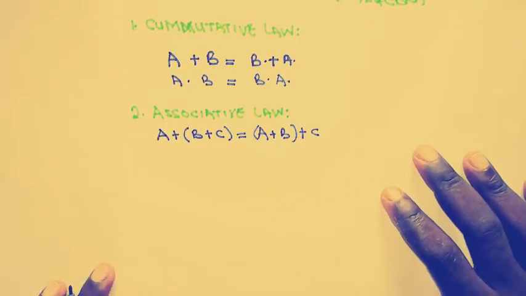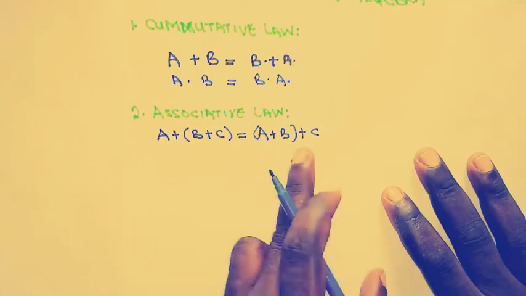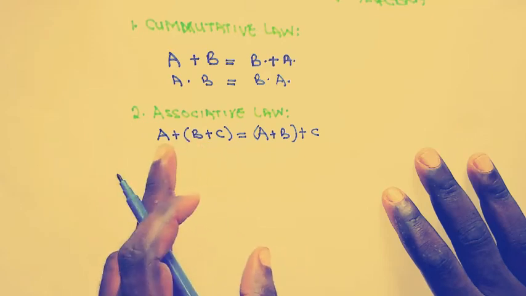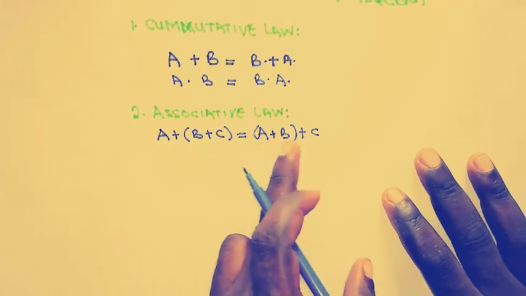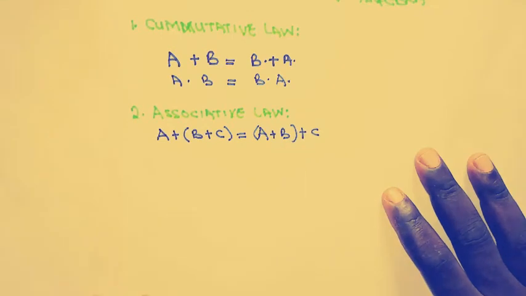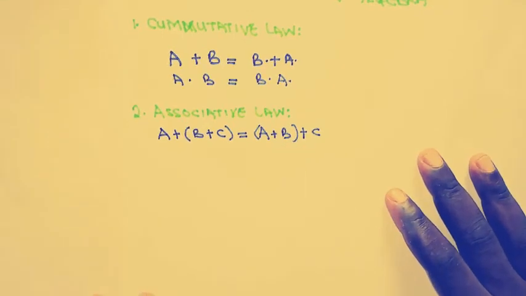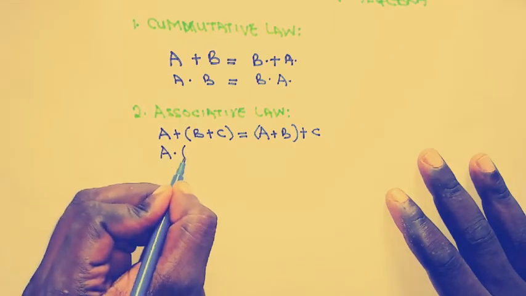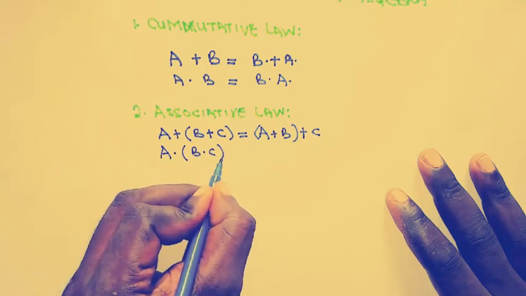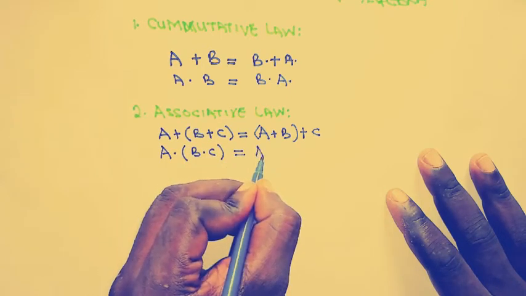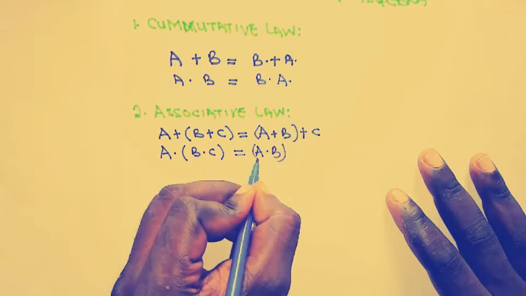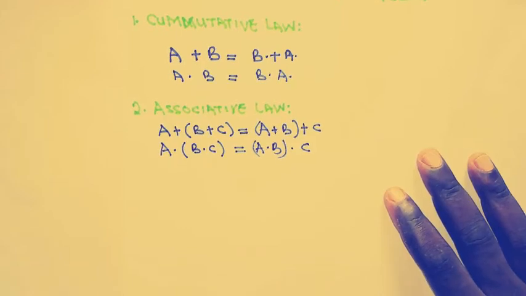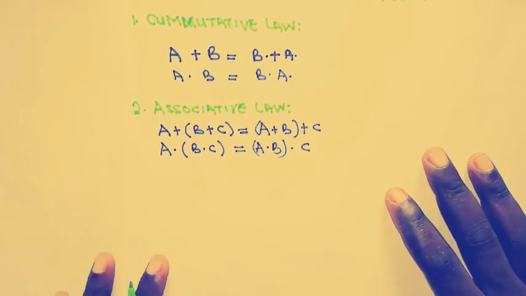And this is simply telling us that the order of operation does not really change the result. Whether you add B and C first and then add them to A, the same thing as adding A and B first and then adding them to C. So they are actually the same and no difference. The same thing when you have A multiplied by B multiplied by C is the same thing as saying A multiplied by B first, then multiplying them by C. We will achieve the same result. And that is the associative law.